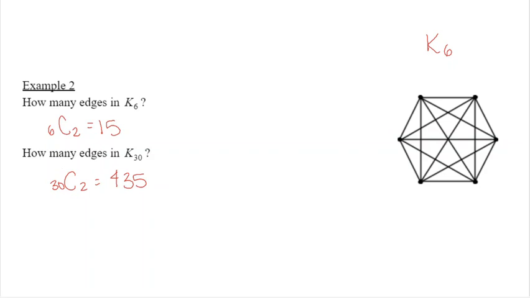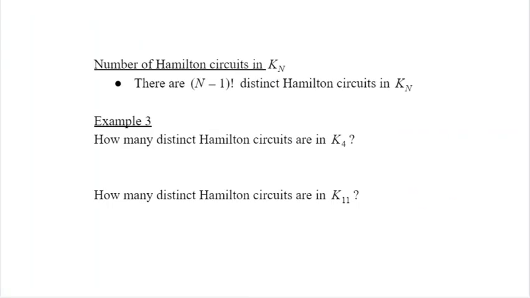So now let's take a look at Hamilton circuits in a complete graph. So there are n minus 1 factorial distinct Hamilton circuits in the complete graph of n vertices. You might be asking, what do we mean by distinct Hamilton circuits? Well, we'll get to that in a second. How many distinct Hamilton circuits are in K4?